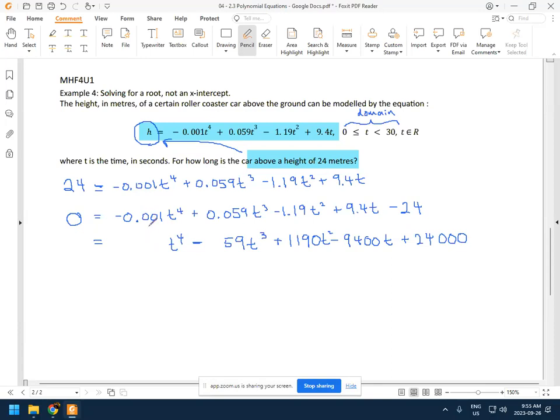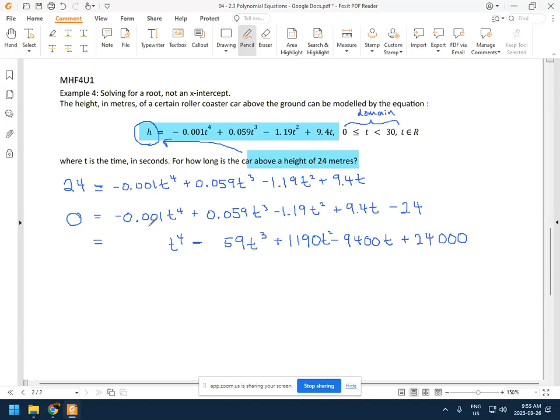So now we have to factor. What would you do? Take a look at example 3. You have an equation with one side equaling 0. What did we do?